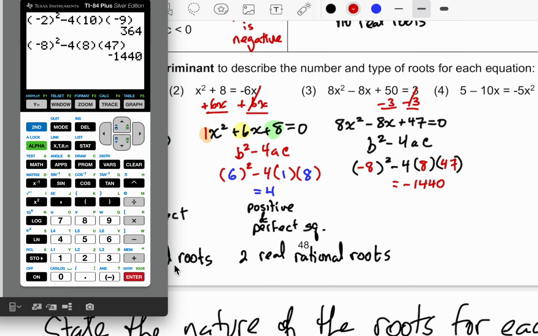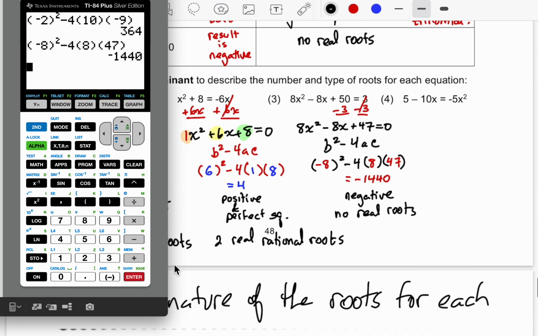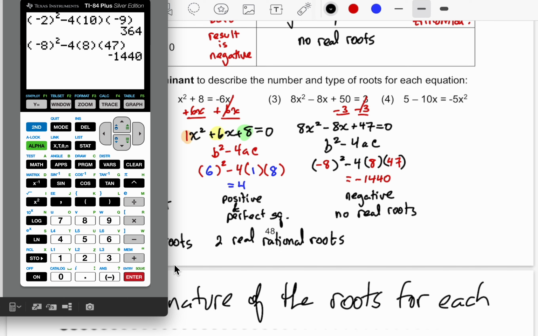All right, it's not the size of the number that matters, it's the quality of it. It's a negative number, so this is negative. That means that there are no real roots. So that's telling me that whether I do it with factoring, completing the square, or quadratic formula, I'm not going to get an answer one way or the other.